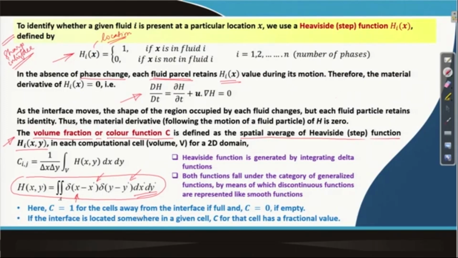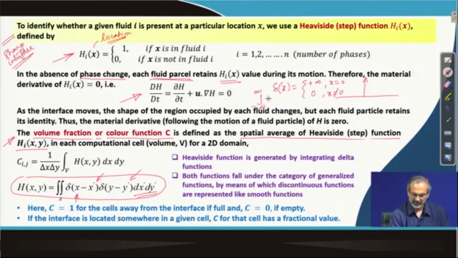So, we say that the delta function could be defined as delta(x) equal to positive infinity if x equal to 0 and is equal to 0 when x is not equal to 0, and additionally when you integrate it from negative to positive infinity, this gives you a 1. So, the function looks like this. You have a very large spike here.